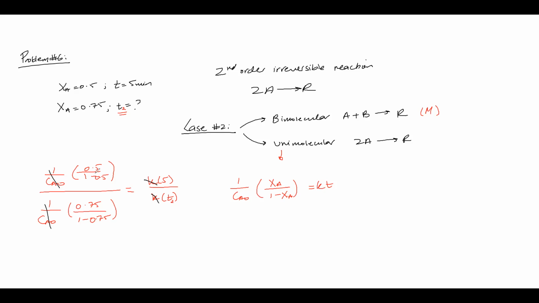If you just rearrange these variables, this is 3, this is 1, so I get 1 over 3 is equal to 5 over T2, and from here, T2 is 15 minutes, right? So it's going to take 10 minutes longer for X to go from 0.5 to 0.75, right?